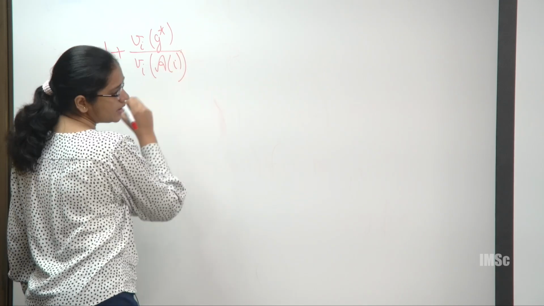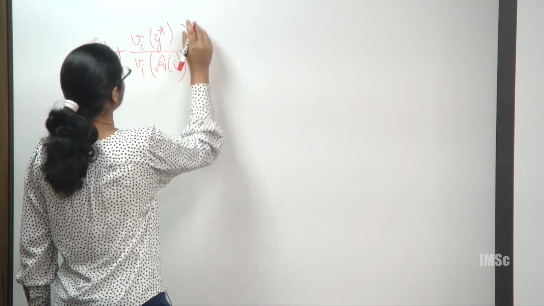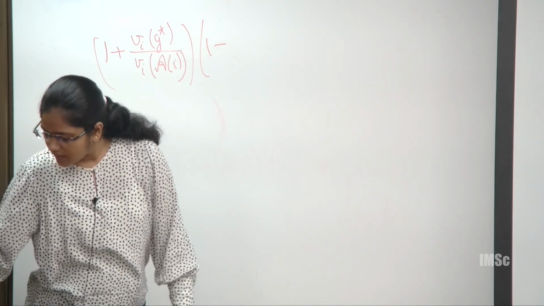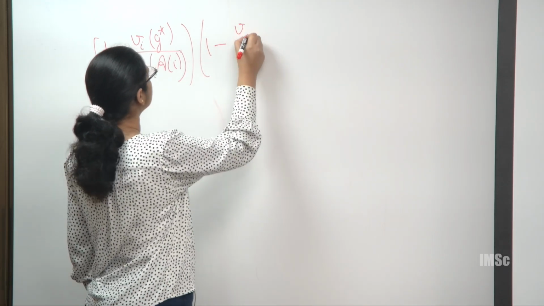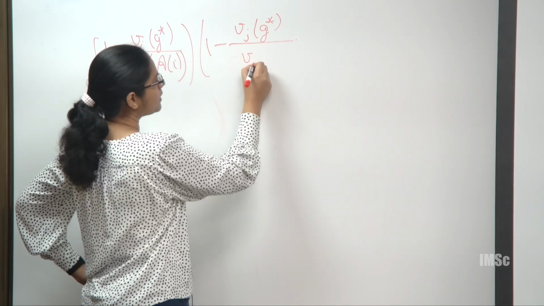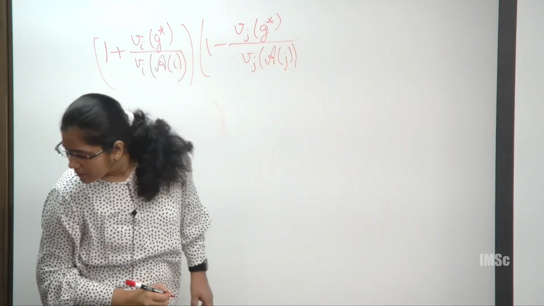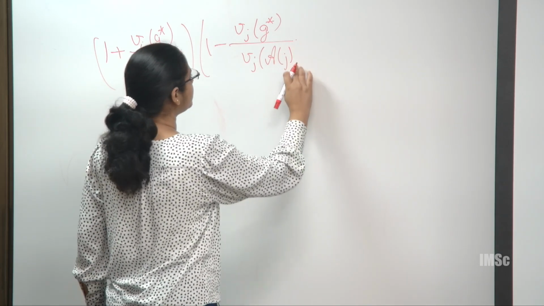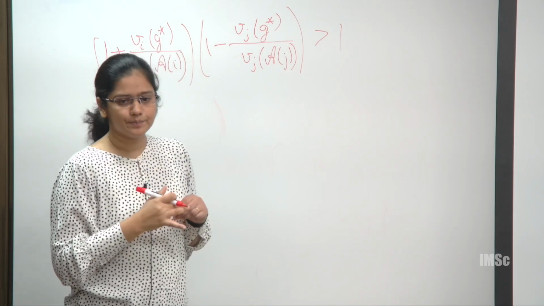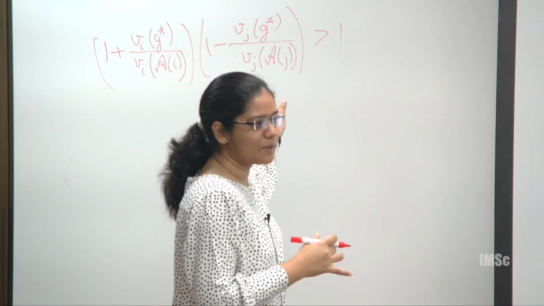Our claim is now 1 plus Vi G star divided by Vi Ai, times 1 minus Vj G star divided by Vj Aj. We want to show that this is greater than 1, correct. Now you need to look at the board.